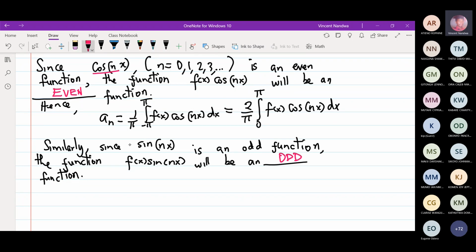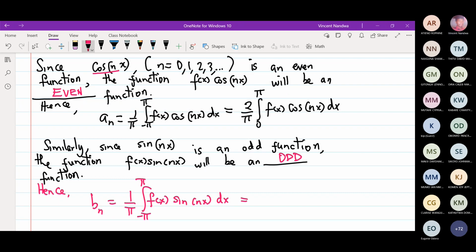So therefore, hence, Bn, which is given by 1 over pi from minus pi to pi of f of x sine of nx dx. What will this give us? 0.